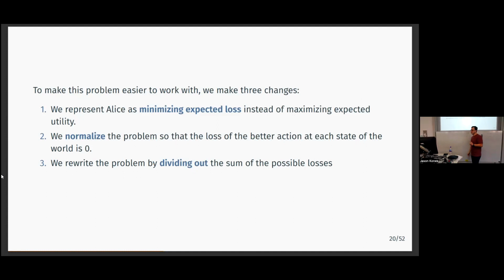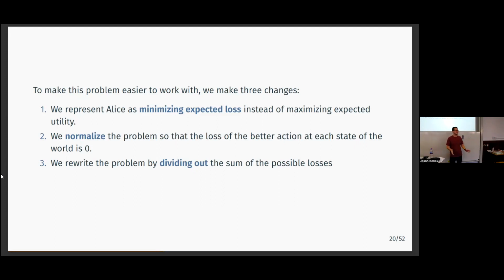We now want to make this a little easier to work with, so we make a few changes. We want to minimize expected loss instead of maximize expected utility, so we just put minus signs up. The second thing we do is normalize the problem, so that at each world the loss of the better action is 0.